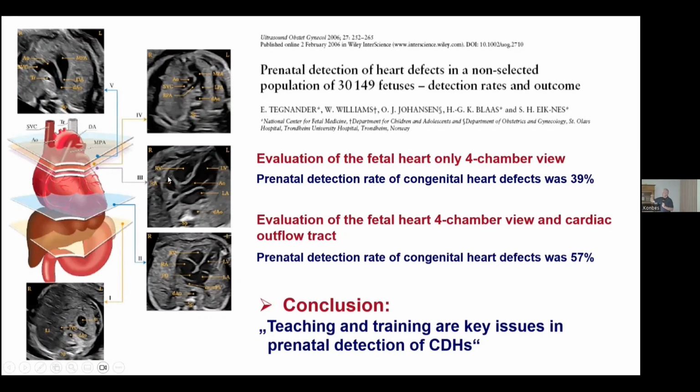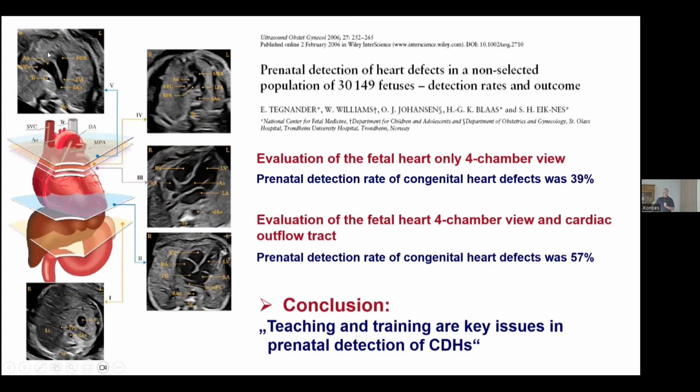We sweep our probe a little bit upward, to the cranial view, and then we see the outflow tract of the aorta, and then a bit more, and we see the pulmonary outflow tract and the 3-vessel view at the end.